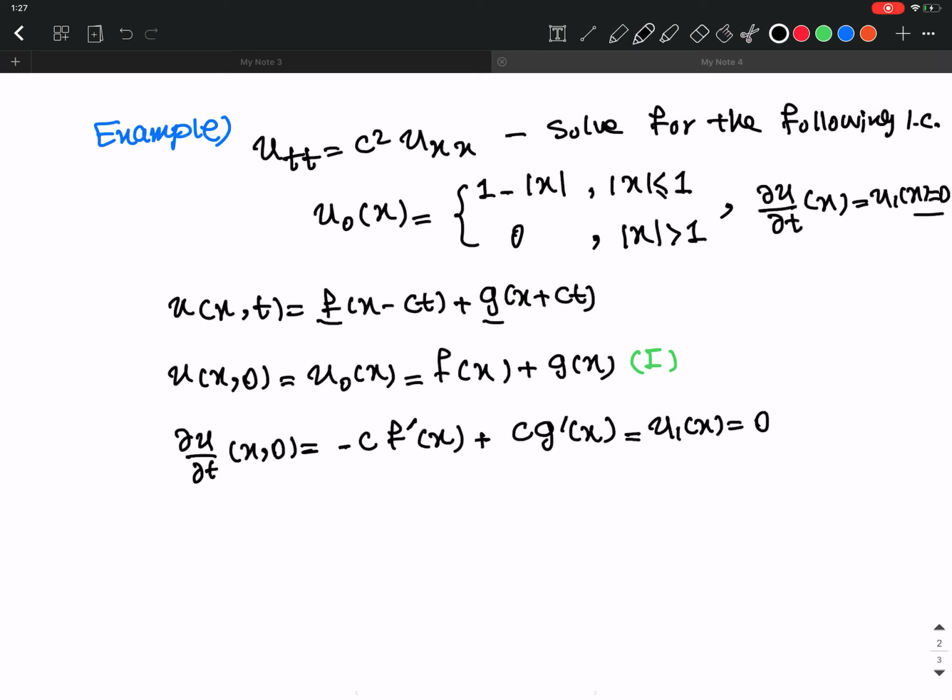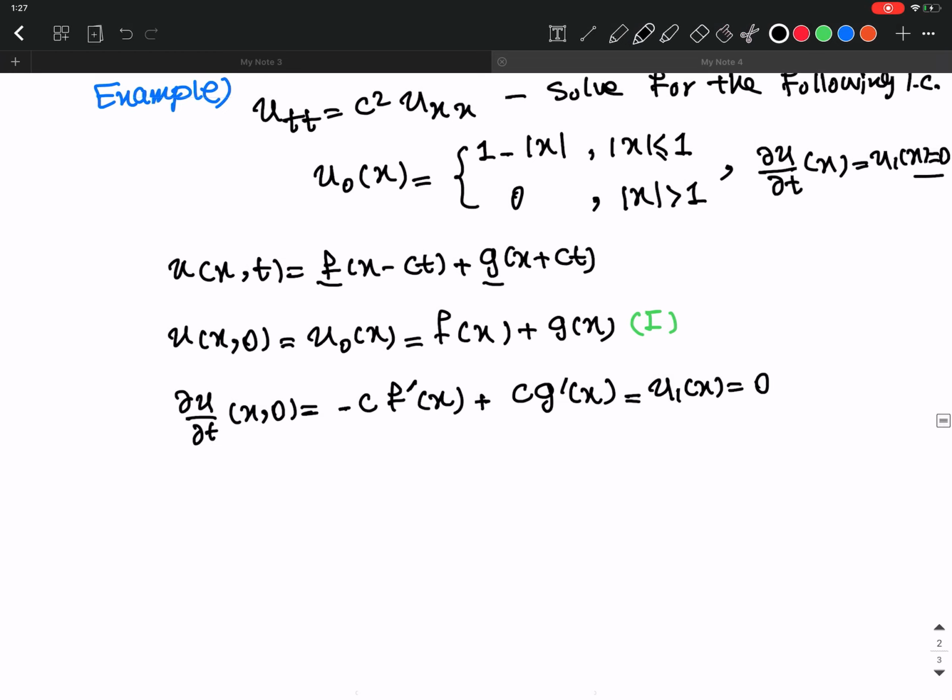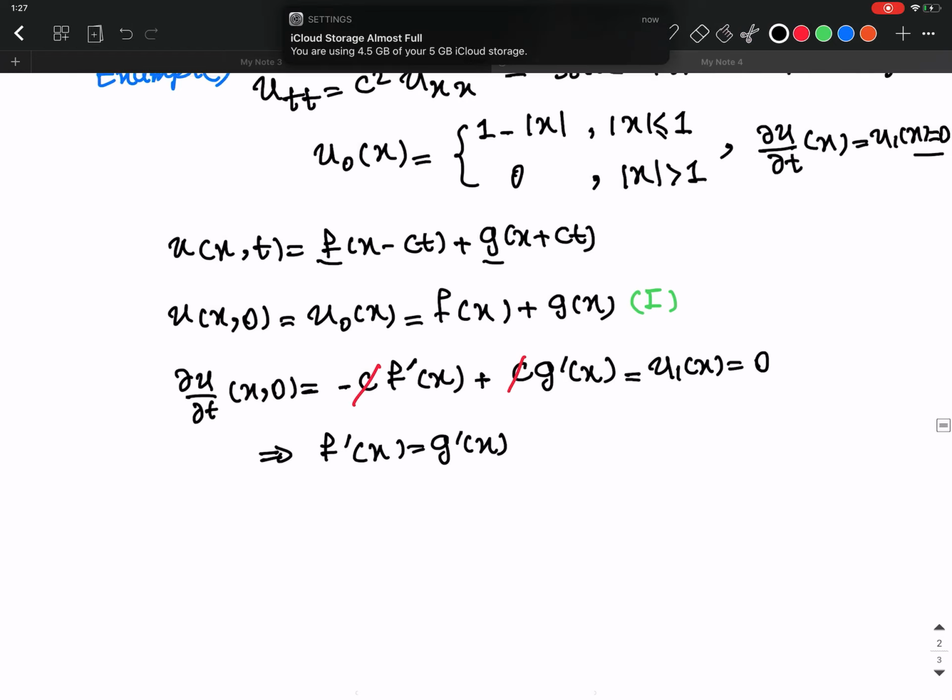This is the second equation, but I want to simplify it further. The c's cancel out because it equals 0. So I just have f prime(x) equals g prime(x).